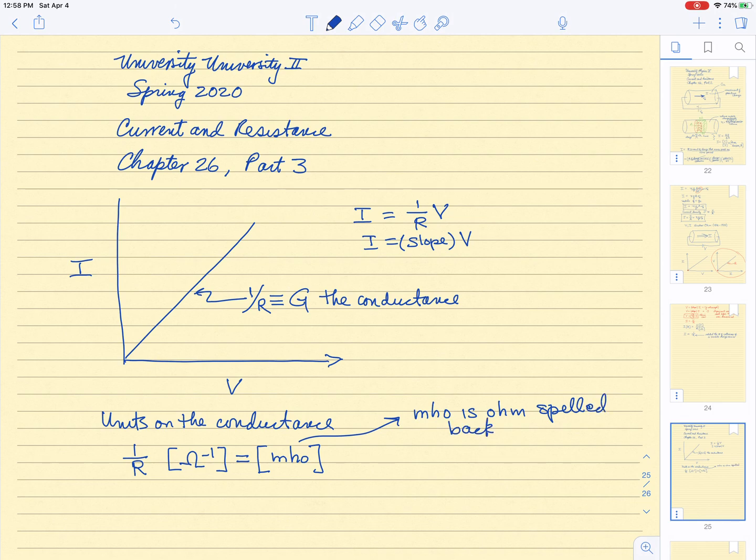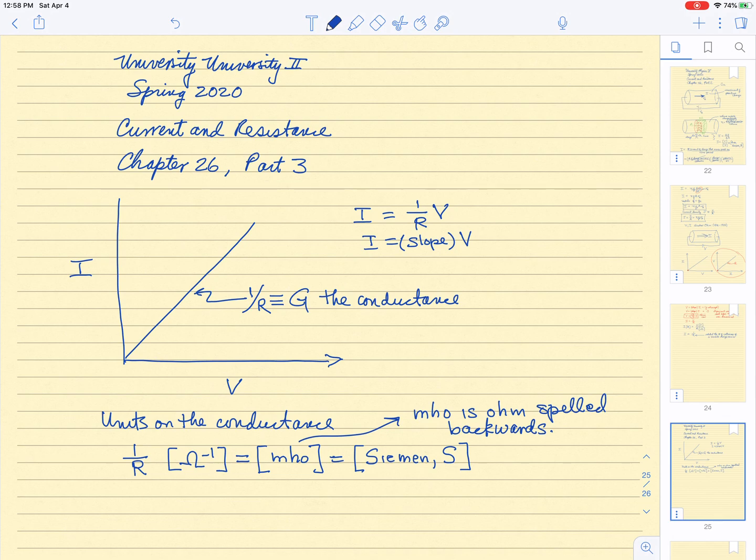And I think, as I said, hopefully it's in the last video. Physicists actually have a sense of humor. The SI unit, however, is called the Siemens, and that's given a capital S. So you'll see all three of these, again, depending on the context.